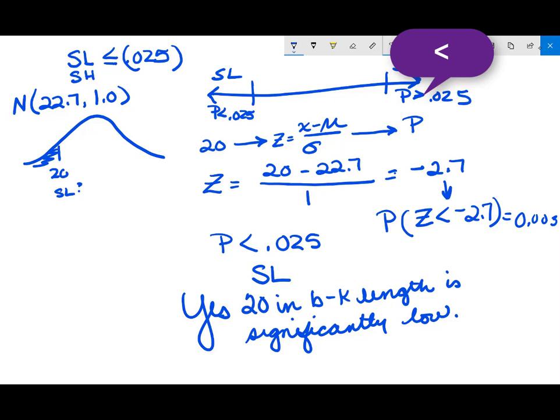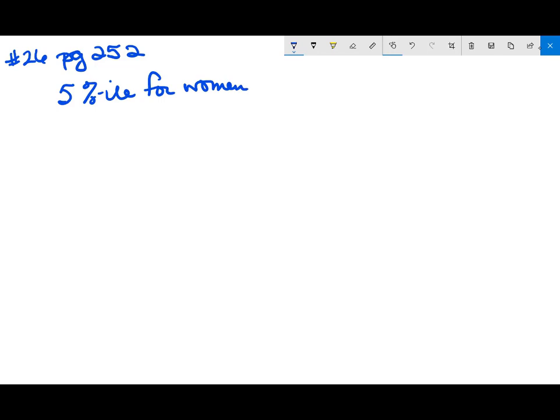Let's do number 26. So number 26 on page 252, we're designing a workstation, and so it must fit the range of people who fall between the 5th percentile for women and the 95th percentile for men.